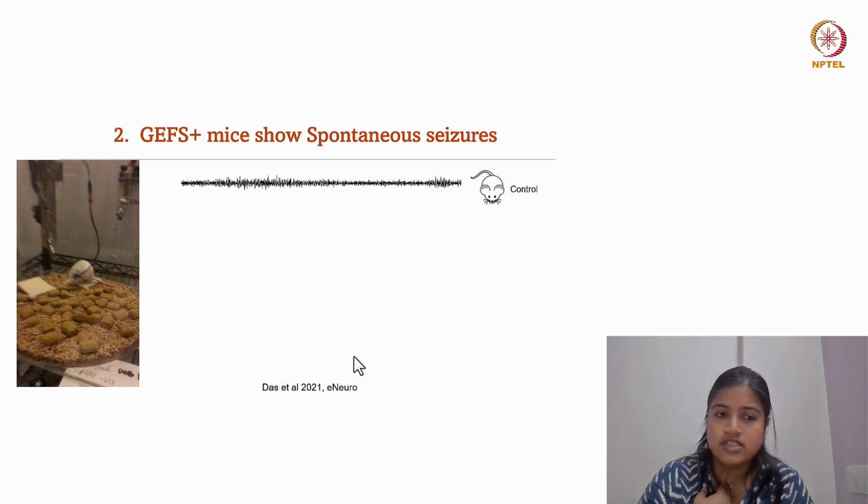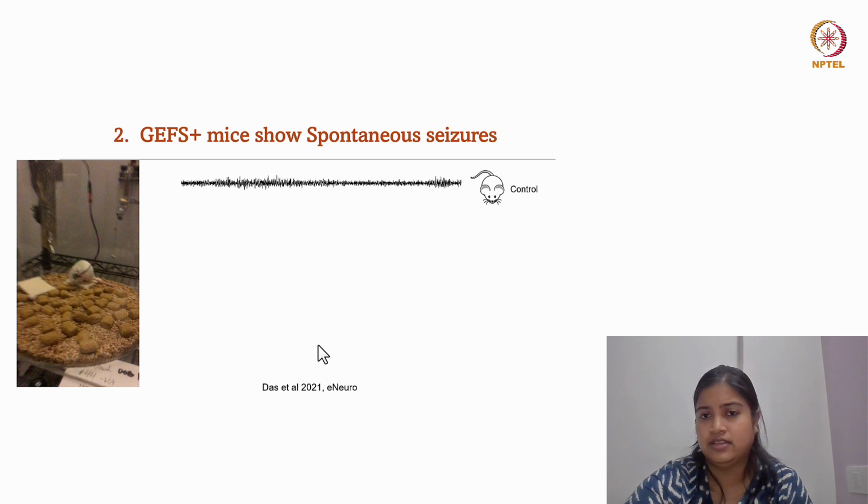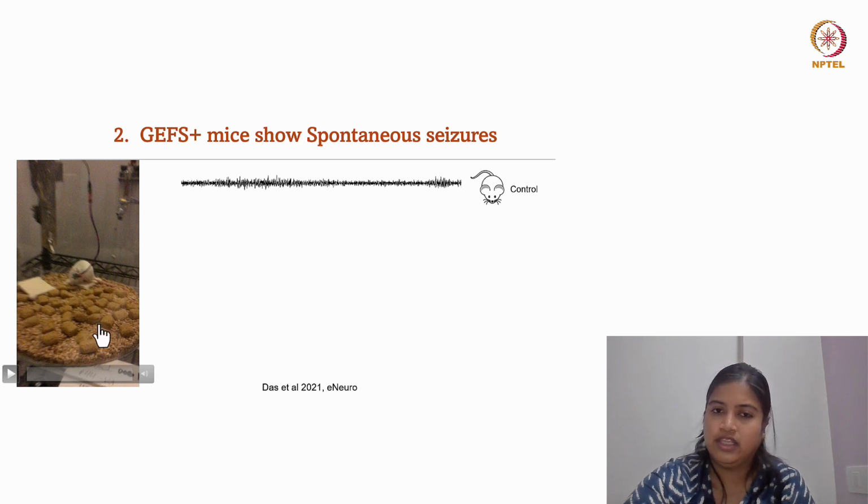In order to monitor if a freely moving mouse was having seizures, which were not induced by high body temperature or any other means, we implanted an EEG device on the mouse head, and we recorded the brain activity of the mouse when it was freely moving in the cage.